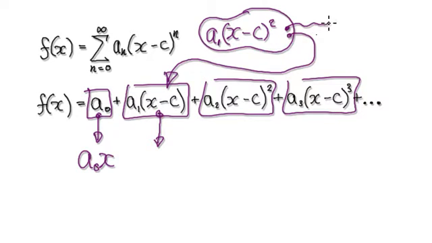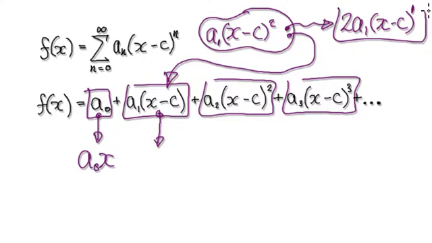Now when you differentiate this, the 2 will come down, so that will be 2a1, and then the bubble stays intact, and you times the derivative of the bubble itself, which will be 1. So that will remain the same.